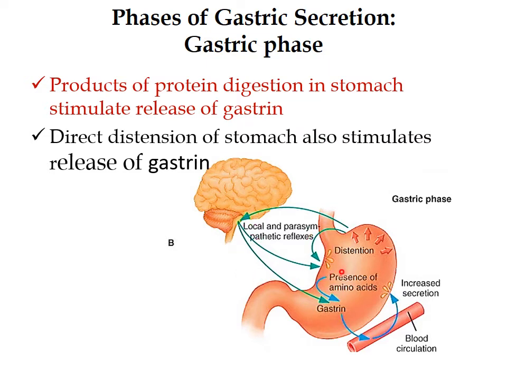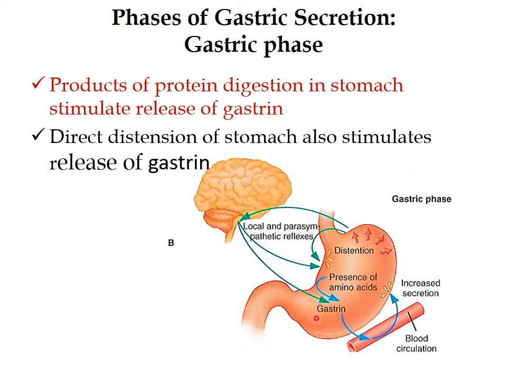When the food enters the stomach, it causes distension or stretching of the stomach, right? When it starts stretching, the information is taken through the nerves, again the vagus nerve, to the brain, and through the vagus nerve the information comes back and starts stimulating the gastric secretion.